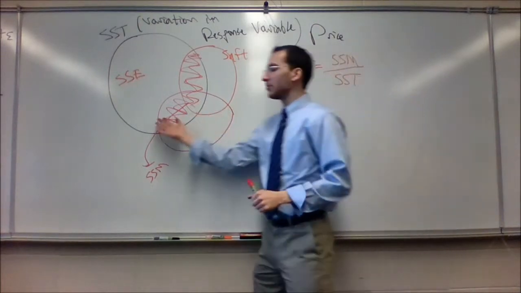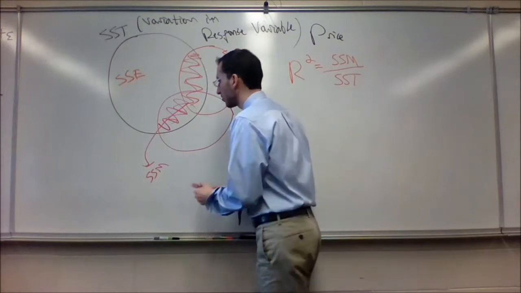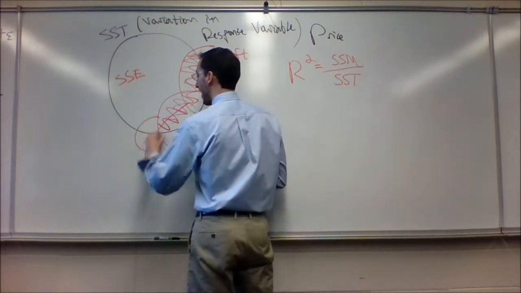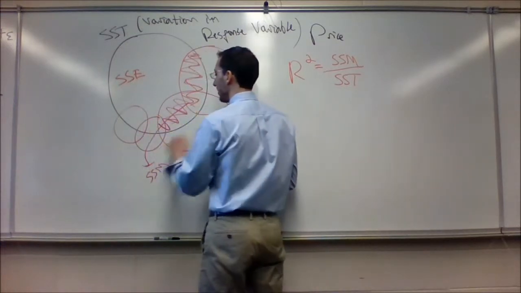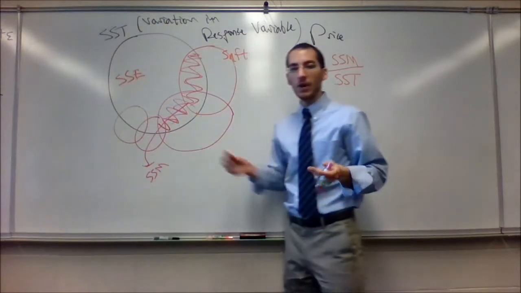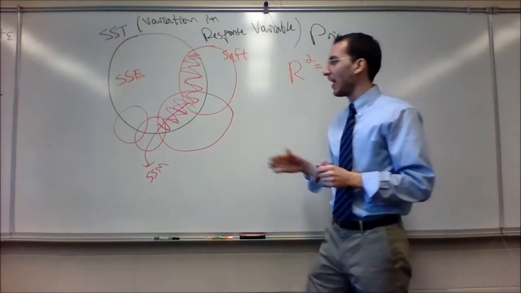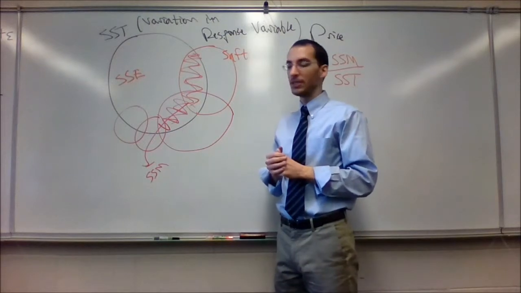So the more variables you add, basically, the more circles you just start to add in here, and they may overlap in different ways. But that's the idea with multiple linear regression.